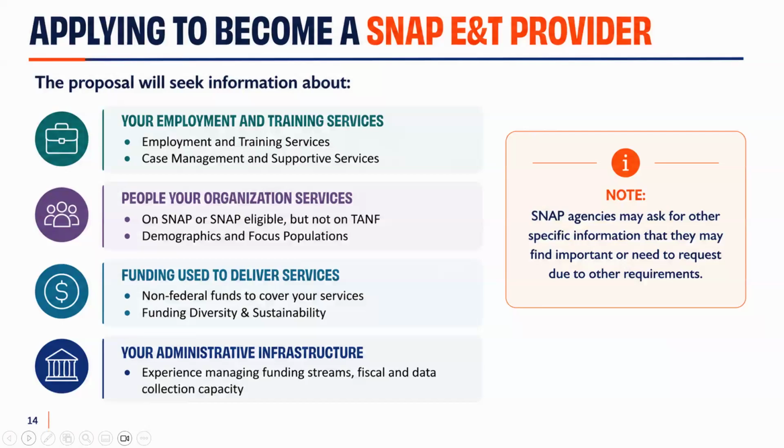One of the key questions a lot of times the proposals want to know is what target populations your program is serving. So for CEO, as an example, our target population is justice impacted individuals, or as the state plan refers to it, returning citizens. So who are you serving in your program, and are you targeting any of those populations that are target populations for SNAP E&T?